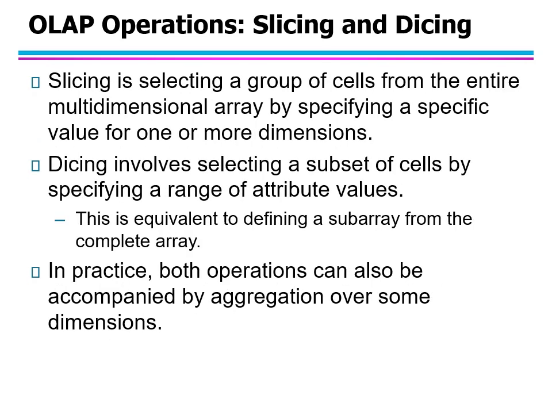And another OLAP operation is slicing and dicing. Slicing is selecting a group of cells from the entire multi-dimensional array by specifying a specific value for one or more dimensions. For example, suppose you have a data cube with dimensions: time, which has year, quarter, and month; product, which has category and item; and region, which has country and city.